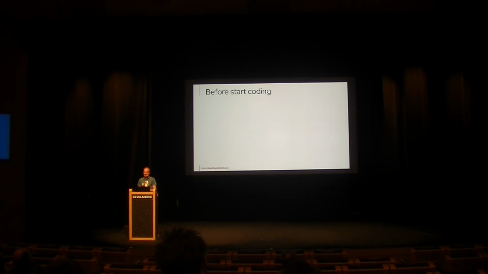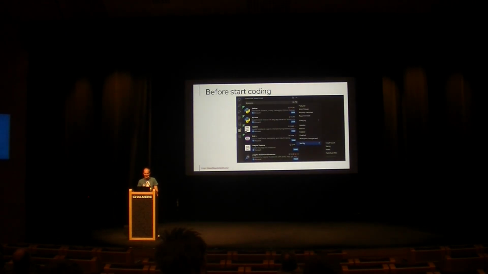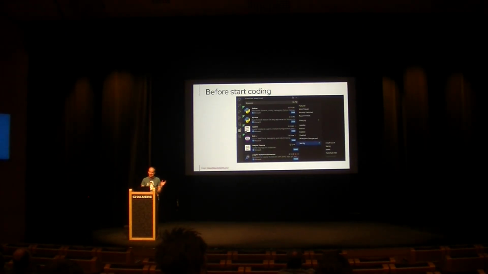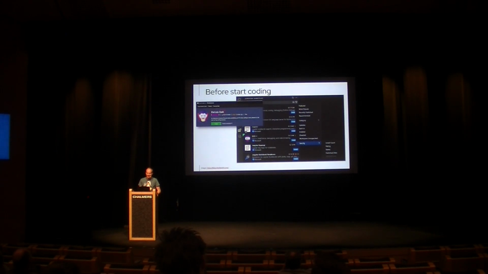Now, stepping back a little, even before we start coding, I want to share this story, if you're not familiar with it. Hopefully you're familiar with what this is, right? This is VS Code, quite a popular IDE that some of us work in. And this is one of the plugins.